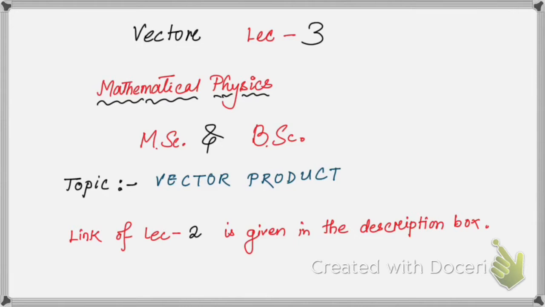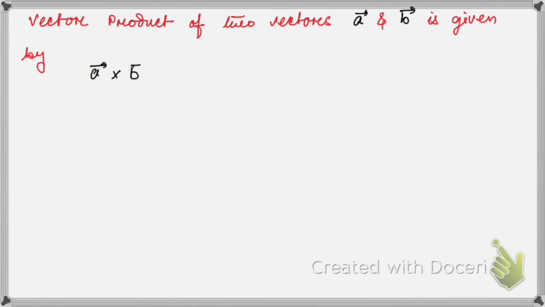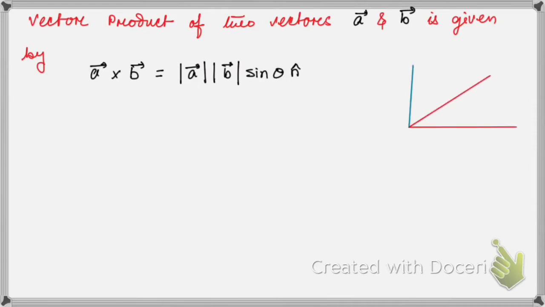So let's start. Now the vector product of two vectors, suppose vector A and vector B, is given by vector A cross vector B is equal to magnitude of vector A and magnitude of vector B sine theta n cap. Suppose this is your vector A, this is your vector B, and if you curl vector A to vector B, then you're going to get the cross product, and the resultant vector of that cross product will be perpendicular to both A and B, right?